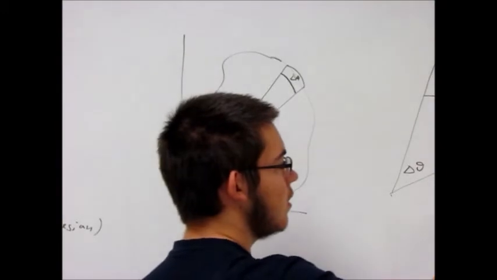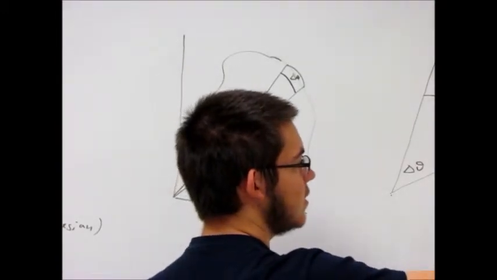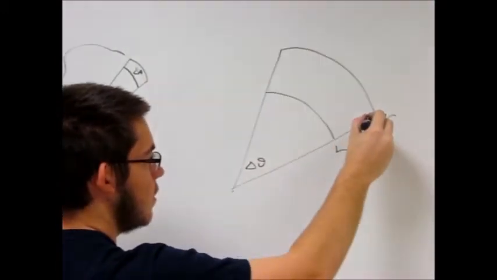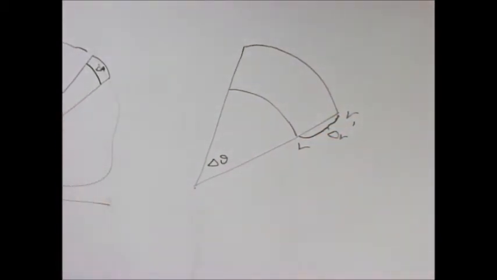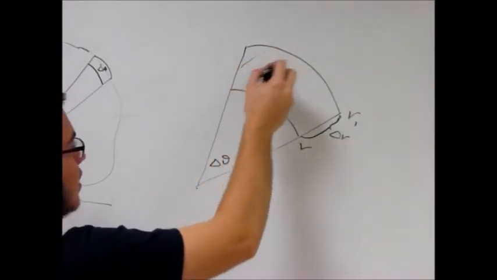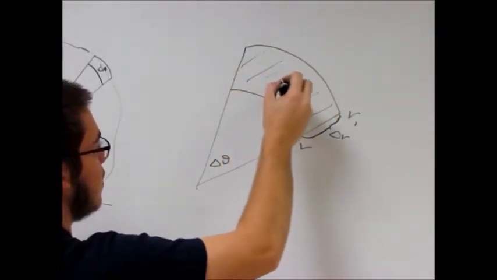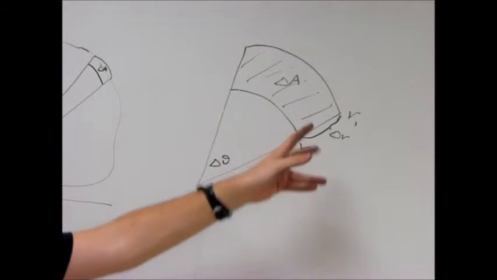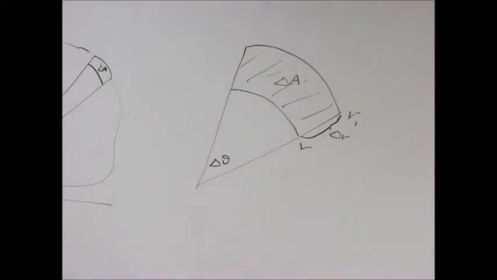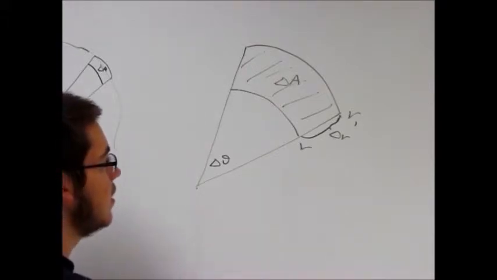This is r, this is r1, and this is delta r. And this region, of course, is our area, delta A. I want to find an approximation for this that gets progressively more accurate as these values get closer and closer to 0, giving smaller and smaller slices.